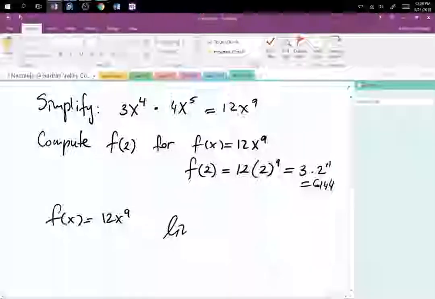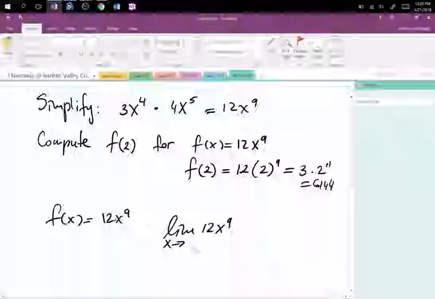So I can say limit of 12x to the 9 as x goes to 2. You see, now this is a calculus concept. This is going to give us the same number, 6144, but the concept is completely different than what we had in pre-calculus.